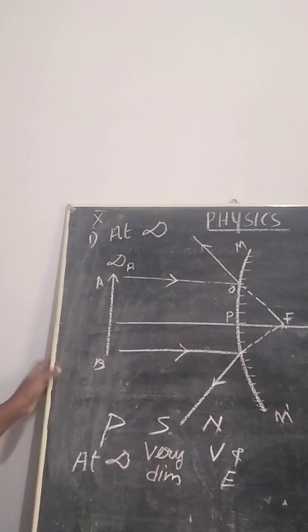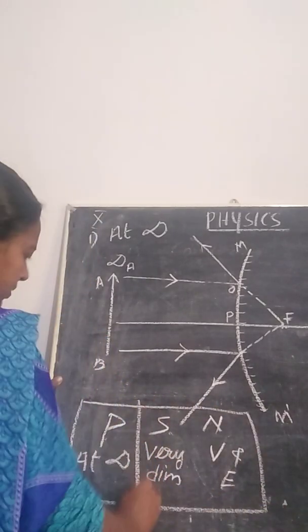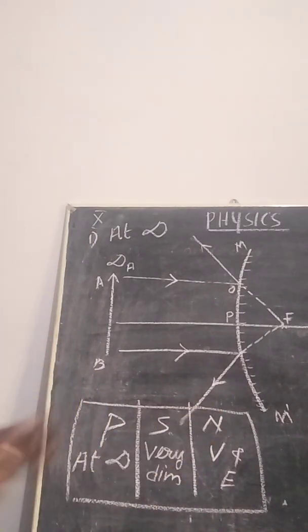So these are the details of the image formed by this particular mirror. The position is at F, the size is very diminished, and the nature is virtual and erect. These are the different details of the image formed by a convex mirror.